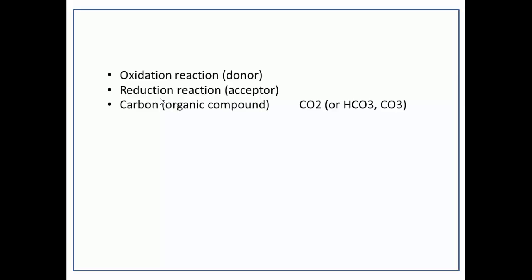Now, the oxidized form of an organic compound, particularly the carbon, is usually carbon dioxide, and in some cases, it can be carbonates or bicarbonates. Sorry, there should be a negative after this. So the oxidized form of the carbon or organic compound is always carbon dioxide.